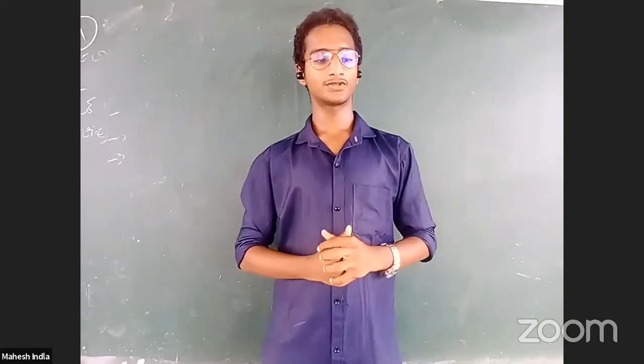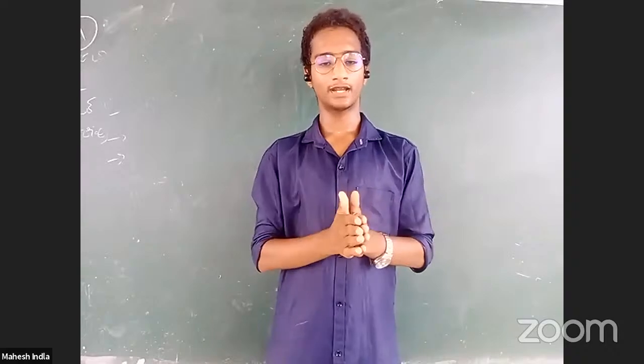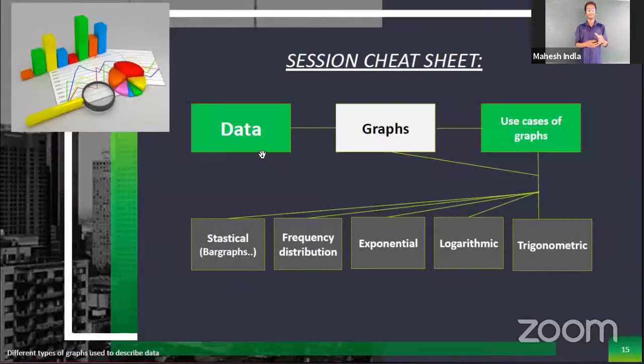Here in this flowchart, you can observe the sessions we have come through, the timeline of the sessions on this graph. We started discussing data, graphs, and then use cases of graphs, and then the types of graphs: statistical graphs, frequency graphs, exponential graphs, logarithmic graphs, and the trigonometric graphs.